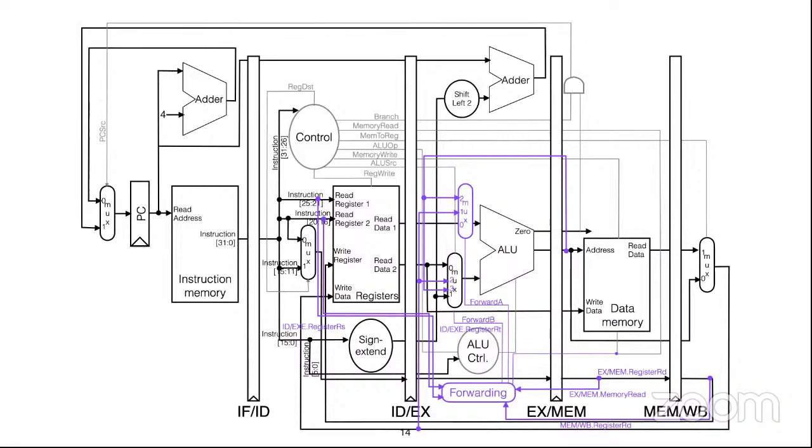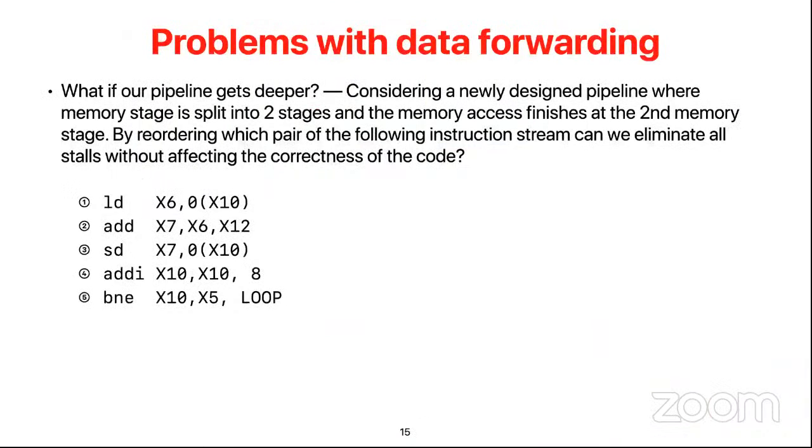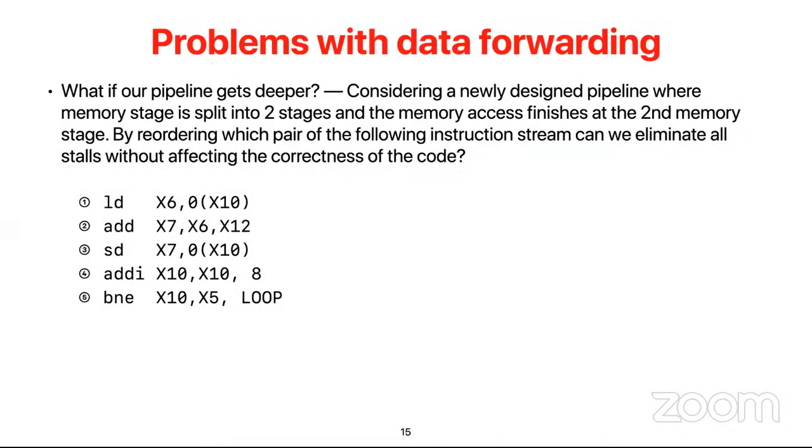If you want the data forwarding pipeline working perfectly, you need a hazard detection unit here to detect if there is a case of a load instruction producing the value that would be consumed by the immediately following instruction. That's the only case we need to stall. So that's why we have the hazard detection unit in addition to the data forwarding logic in a complete pipeline design.